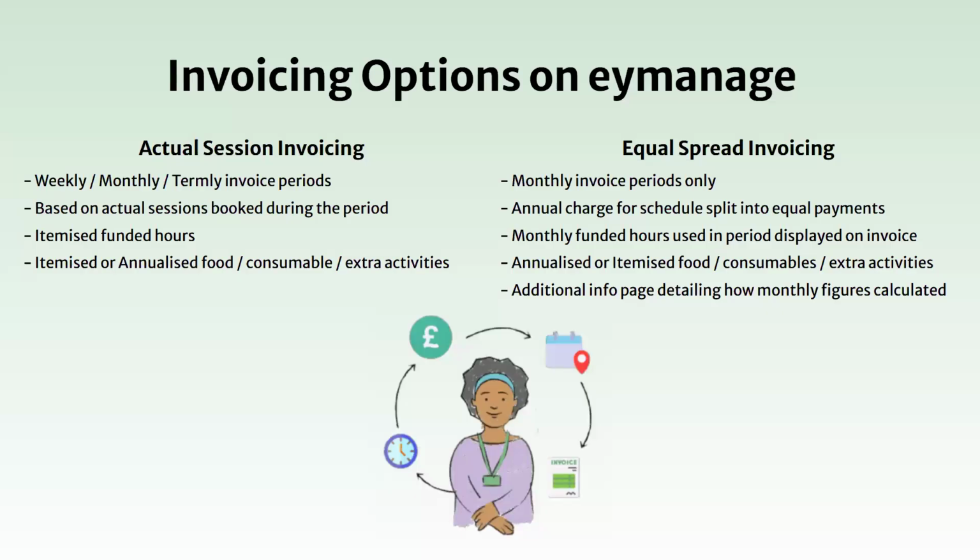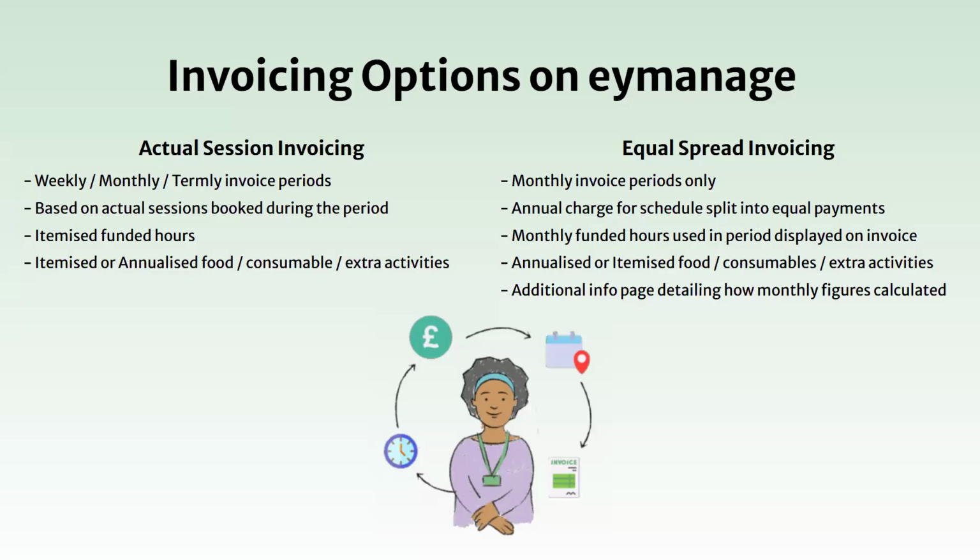The difference here really relates to how you want to bill your families for the attendance and the care at your setting. And even though we see most customers use one or the other of these 2 options, we do give you flexibility where you can have some children on each of the different invoice models if required.